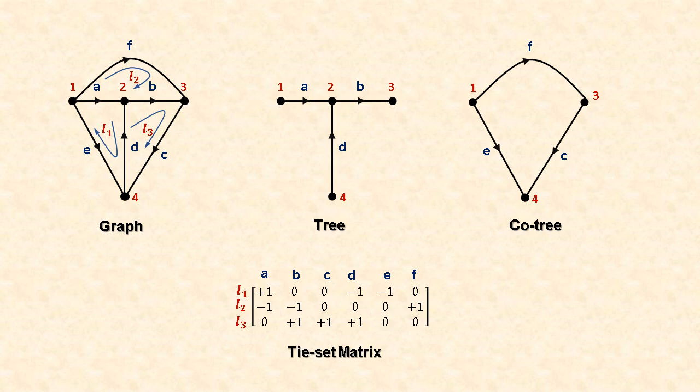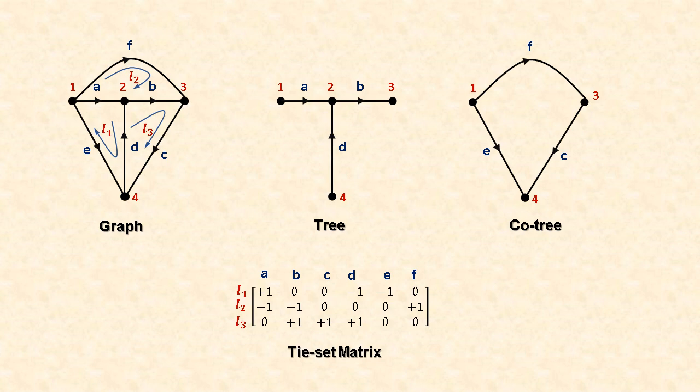The next figure is the tree with branches A, B and D. And the next figure is the chord tree with branches E, C and F. Only after drawing the tree we can draw the chord tree. So the branches of the chord tree are called links, that is E, C and F are called links. So the number of loops should be equal to these links.